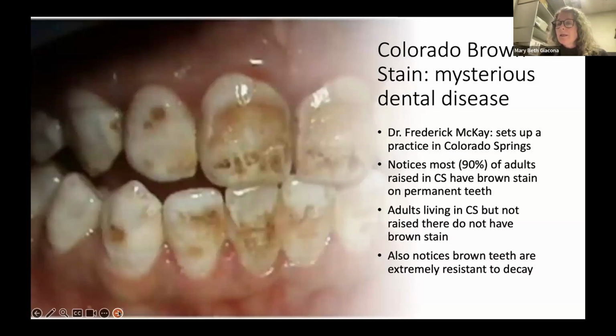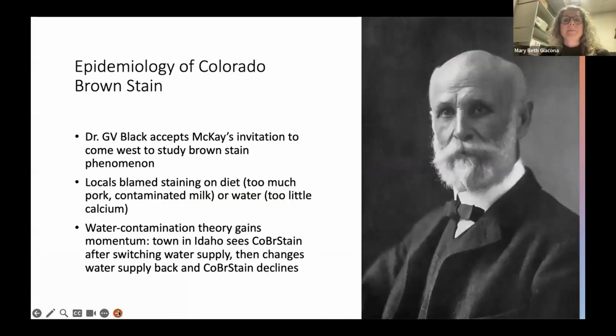But adults living in Colorado Springs who had not spent their childhood there, who were not raised in Colorado Springs, did not have this mysterious brown stain. Dr. McKay, being a dentist, happened to notice that these not so pretty, quite frankly ugly, brown stained teeth were extremely resistant to tooth decay. These people had ugly teeth, but they were not getting cavities.